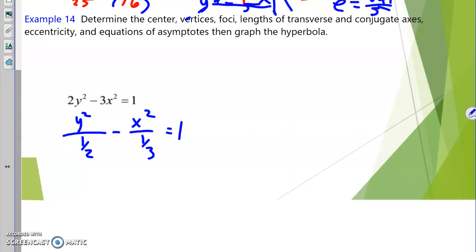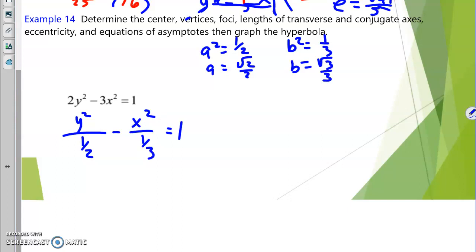We know that my a squared is equal to a half, so a is going to be the square root of 2 over 2, rationalizing that. We also know that my b squared is equal to 1/3, so b is equal to the square root of 3 over 3.